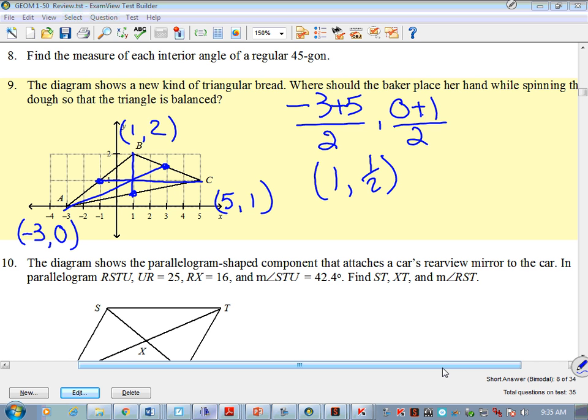All right, so what I want is the coordinates of that final middle point there. And if you'll notice, it is 1, 1, which is going to be the center of that triangle in terms of having a balanced position. Okay, so 1, 1 is going to be our answer to that.